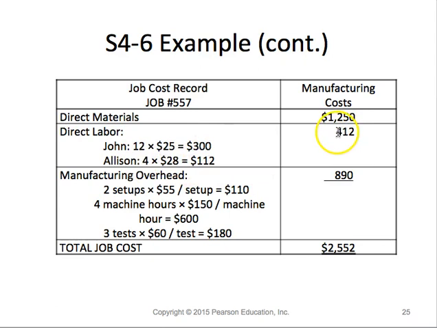Total is 412, and direct material is 1,250, and overhead for 2 setups times 55, 4 machine hours times $150 per machine hour is 600, and 3 tests times 60 is 180. Total will be 890. So put it all together. Total job cost for job number 557 is $2,552 for this job.